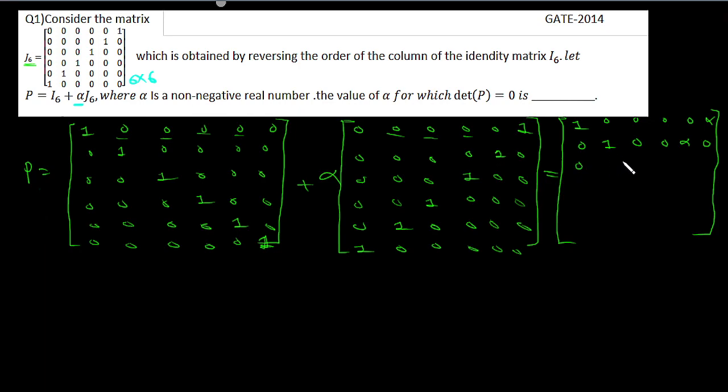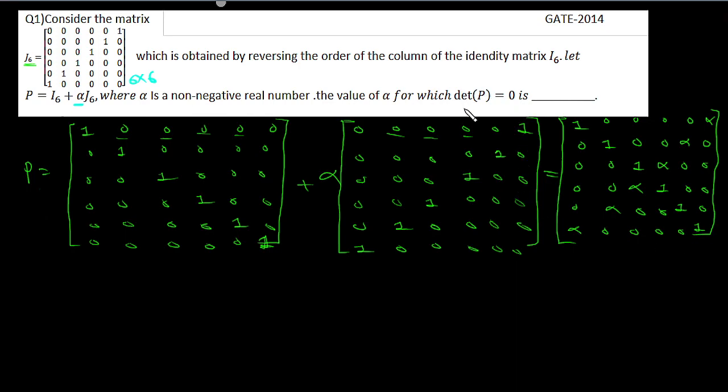In the third row we have 1 and alpha, then 0 0. In the fourth row we have alpha and 1. In the last row we have alpha, then four 0s and in the last we have 1.